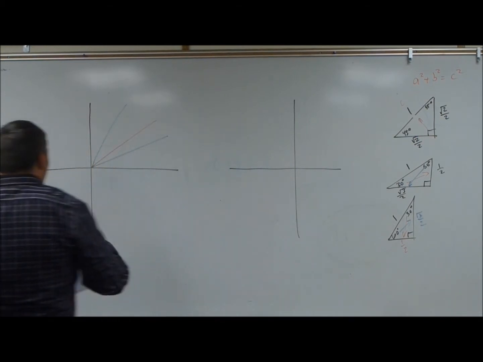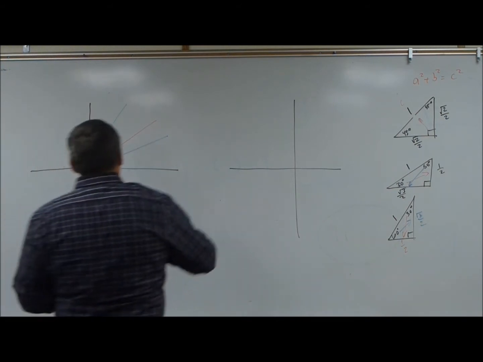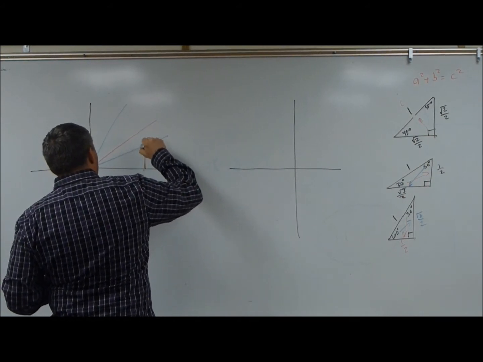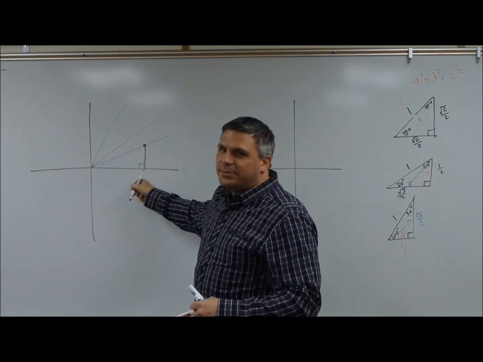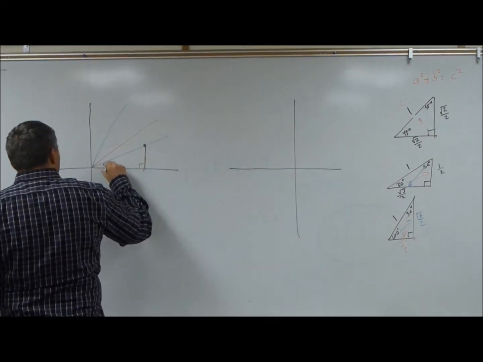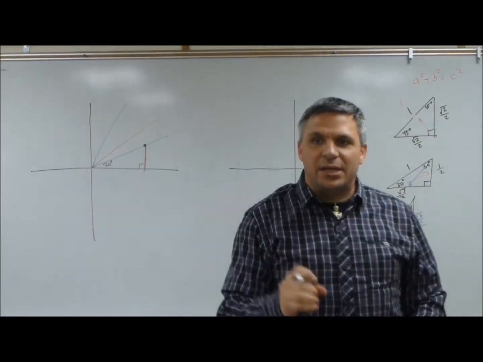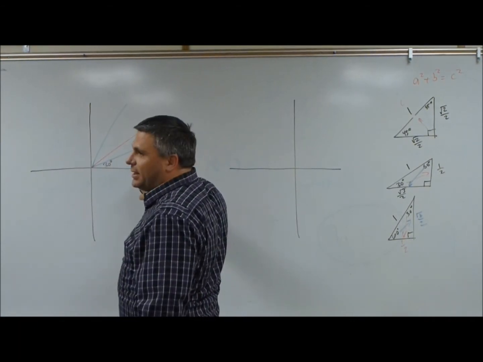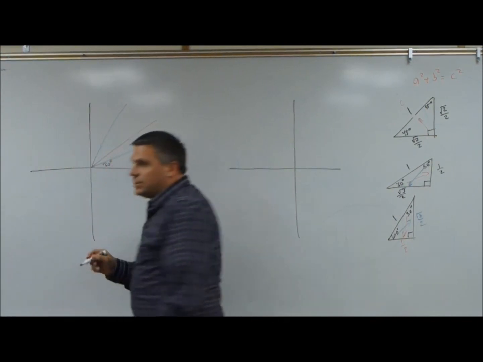So what we're going to do is take a look at what's happening here. Let's just pick a point on this angle, but come straight down, perpendicular, because then we make a basic 30-degree triangle. If all the angles have to add up to 180 in a right triangle, and this is 30 and this is 90, then this has to be 60.